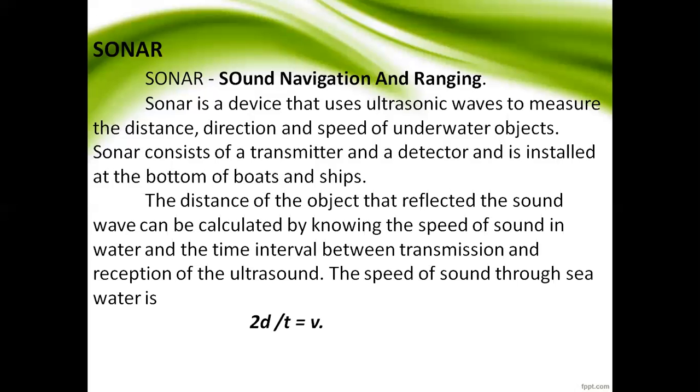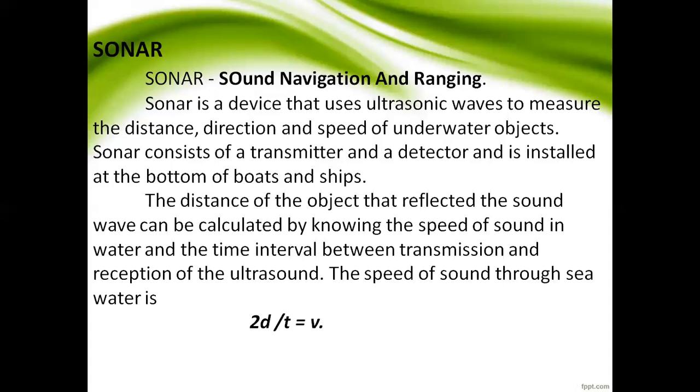Let us consider the cluster of sound waves emitted by the transmitter in the direction of an object. While a few waves bounce off it, the remaining waves will be reflected back in the direction of the detector.